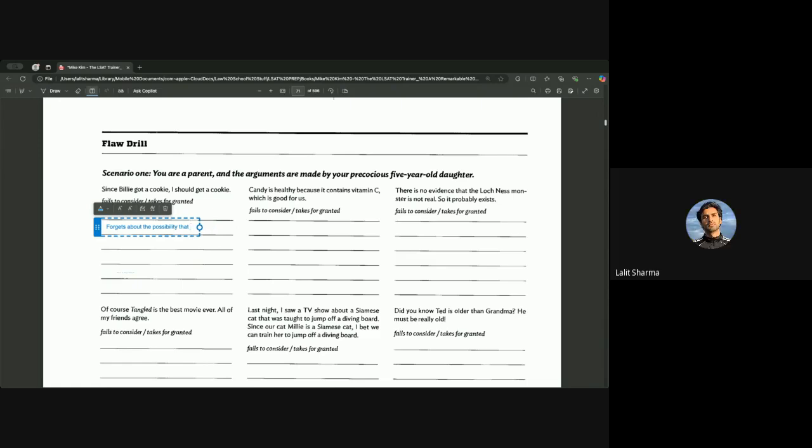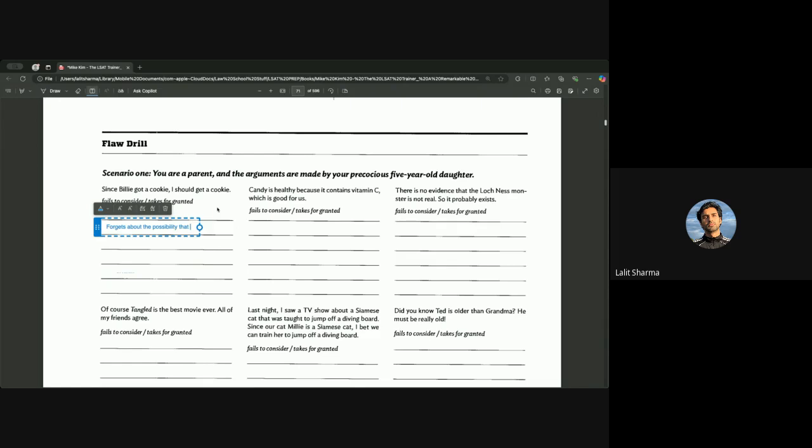The thing about what you did is you attack the conclusion and just change the conclusion. Think about it a little bit differently. Forgets about that. Just because Billy got a cookie doesn't mean she should get a cookie. Yeah, exactly.